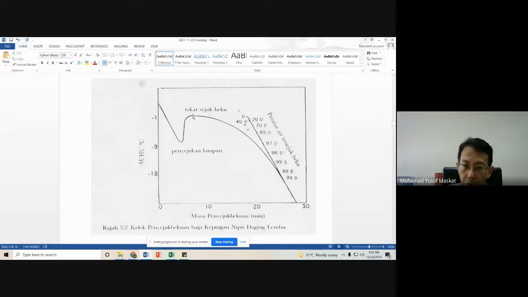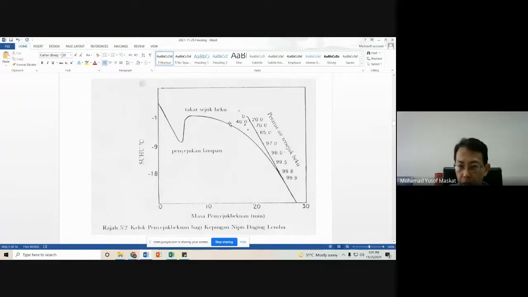freezing point of water, right? But because when water converts into ice, the freezing point will experience a depression. So the longer the time, the higher the concentration of solutes, the greater the freezing point depression.